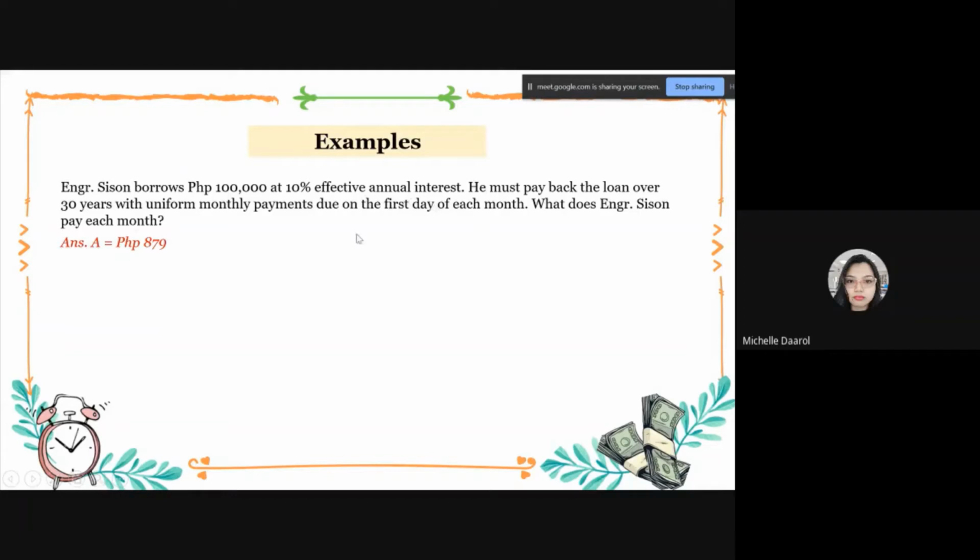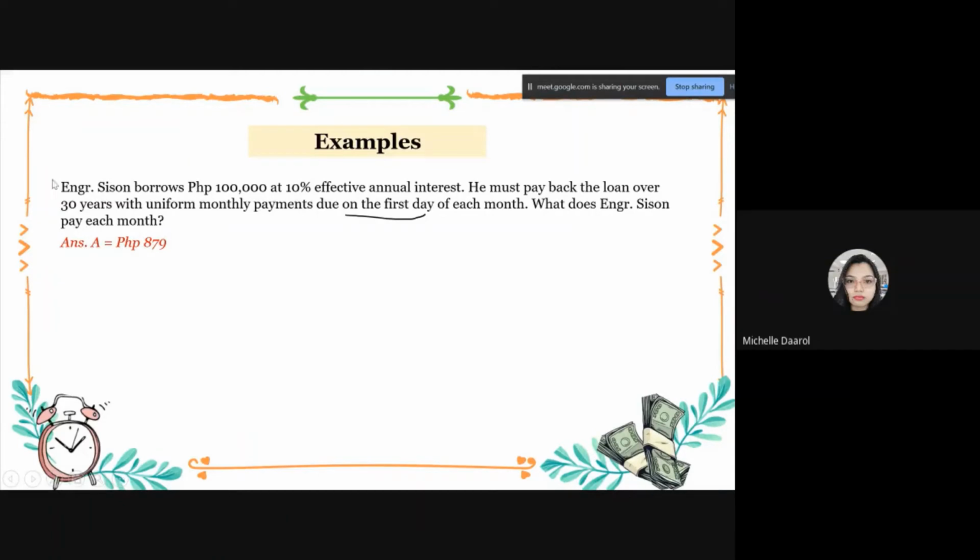It wasn't said at the beginning, but we have a keyword: on the first day. So this problem should be solved using the annuity due.